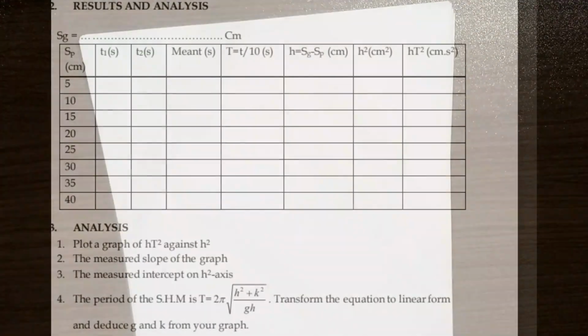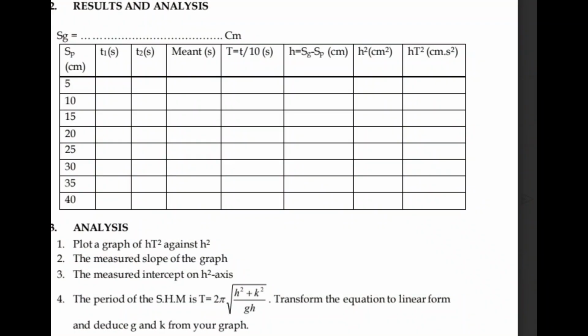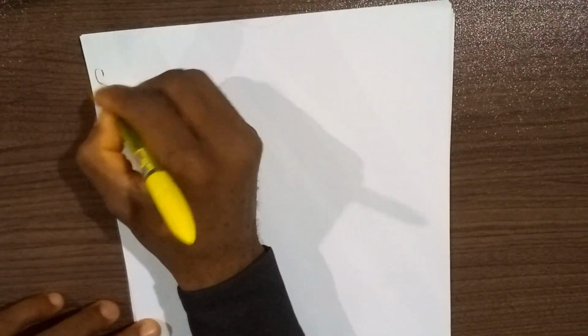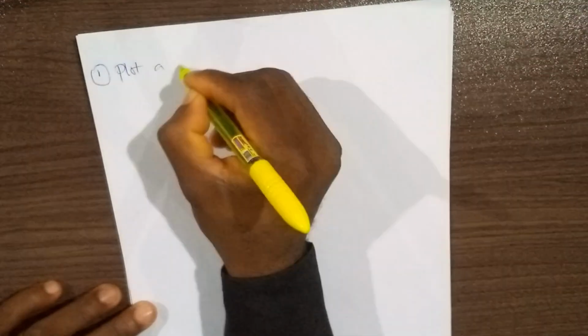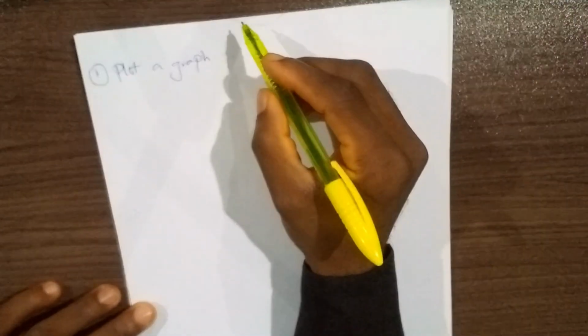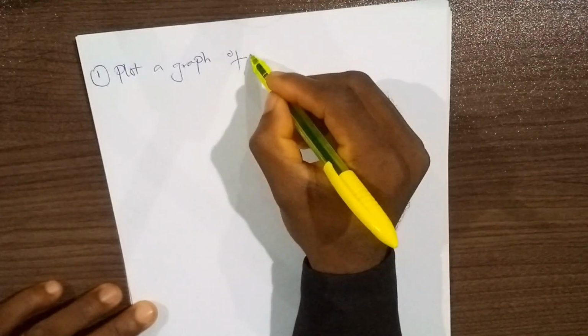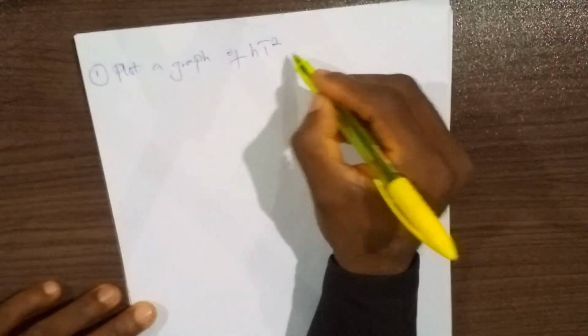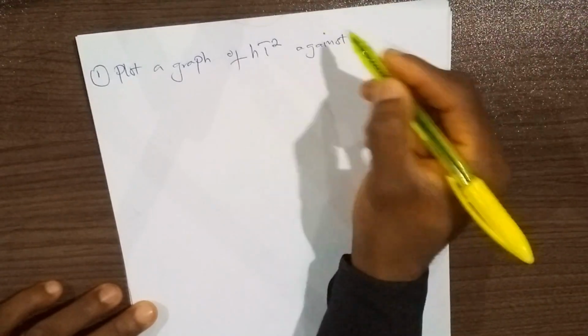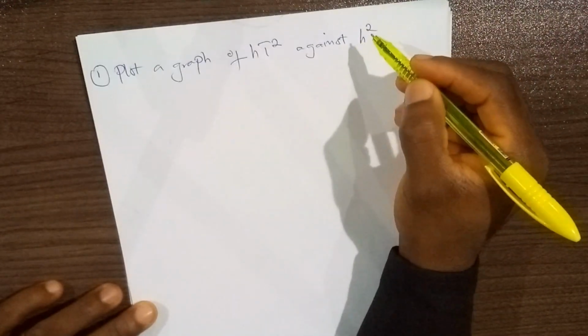So this is an example of your table of values if you have done the practical correctly. In our analysis, the first thing we do is plot a graph of ht square against h squared.